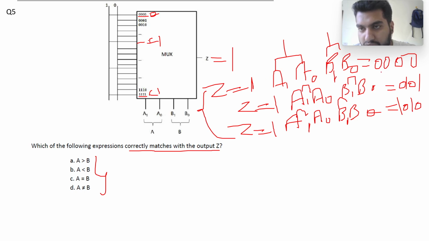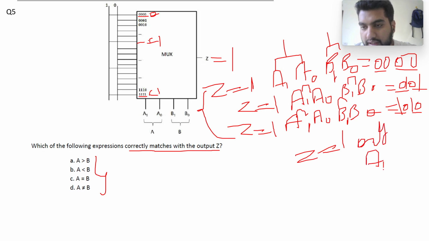So a1 a0 is 0, 0 and b1 b0 is 0, 0. Here a1 a0 is 0, 1 and b1 b0 is 0, 1. Here a1 a0 is 1, 0 and b1 b0 is 1, 0. So that means z is equal to 1 only when a1 a0 is equal to b1 b0.